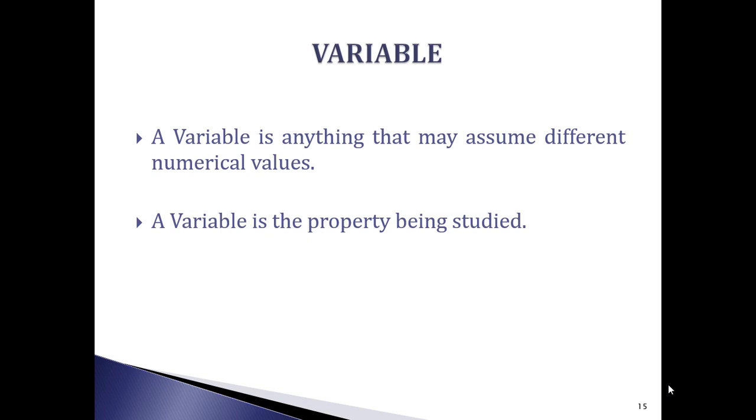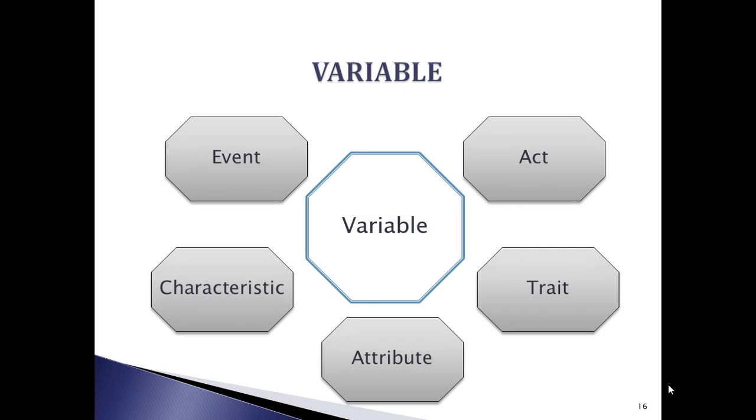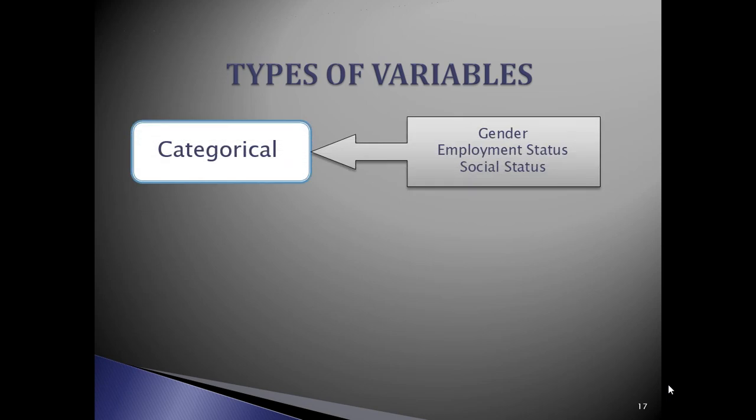At empirical level, the concepts become variables. A variable is any concept that can assume different numerical values. A variable can be any event, any characteristic, any attribute, any trait, any act. Types of variables.